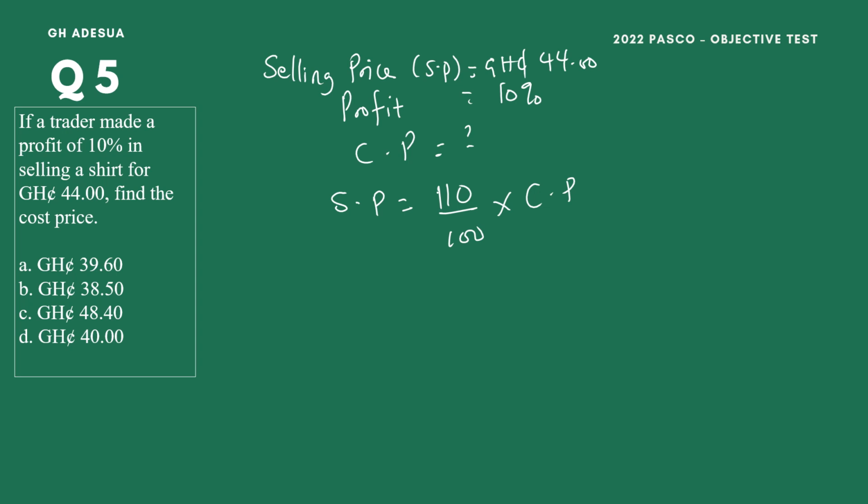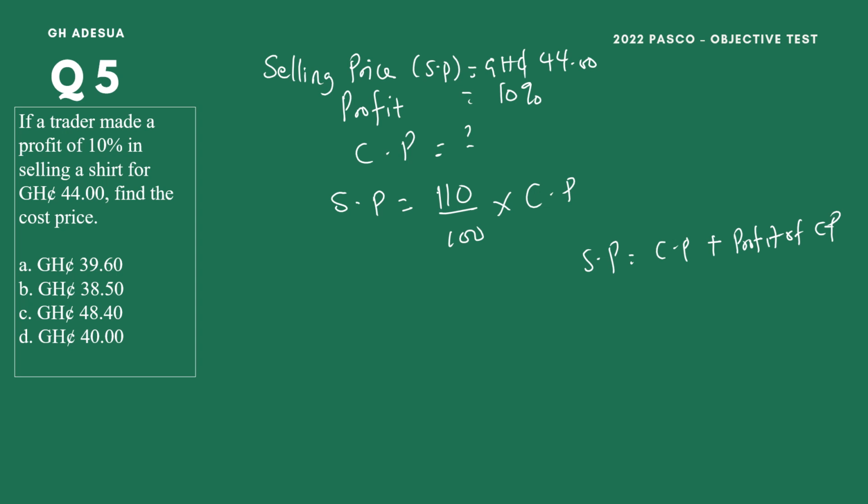Now, normally the selling price is, if we want to find the margins, we're going to have the selling price to be the cost price plus the profit percentage of the cost price.